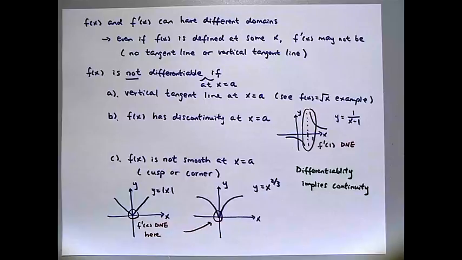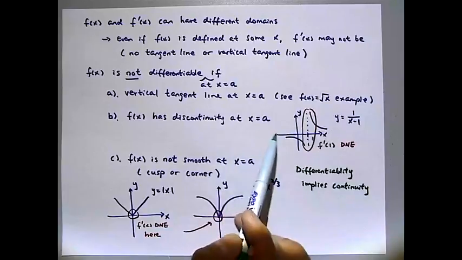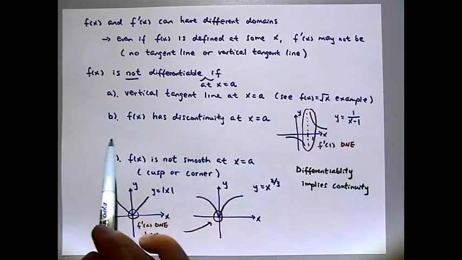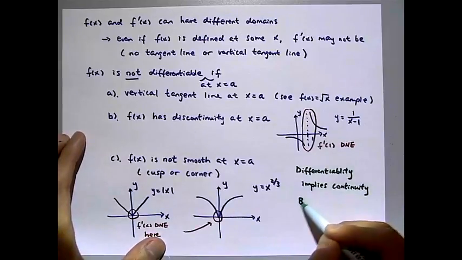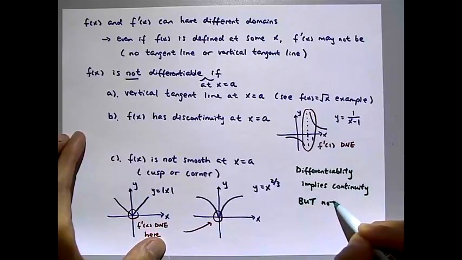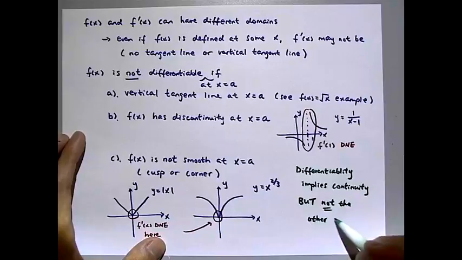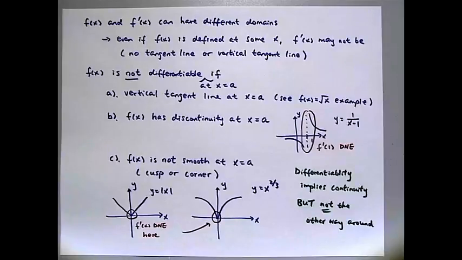If I know f prime exists at some location, that guarantees that f is continuous there. Because we know that if f is not continuous, then we don't have an f prime. But not the other way around. Just because a function is continuous, it does not mean it is differentiable.